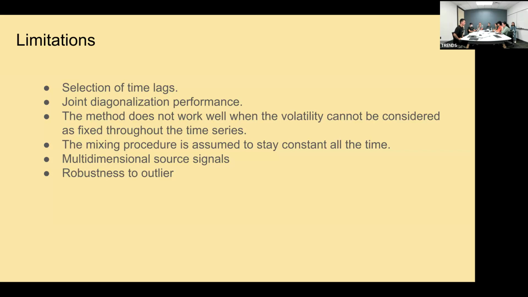Also the mixing procedure may not stay constant all the time, which means sometimes people use tensor level multiplication and multi-dimensional source signals. The most straightforward example is fMRI, or for simplicity, mixing some images. It can be multi-dimensional. We can just flatten it as signals, but it will miss the spatial features of the images and the robustness.